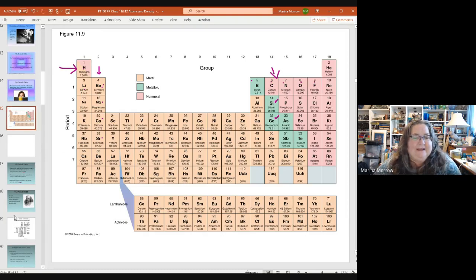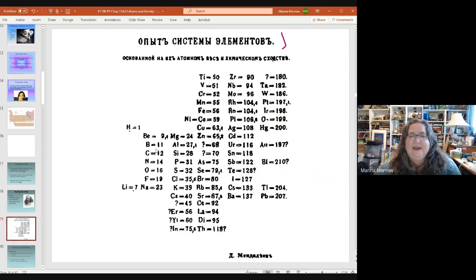Okay, and the thing is, when he got to the end there, and there's no neon yet, he said there should be another element here. It can't just keep continuing, because what he said was that some of these elements have similar properties.